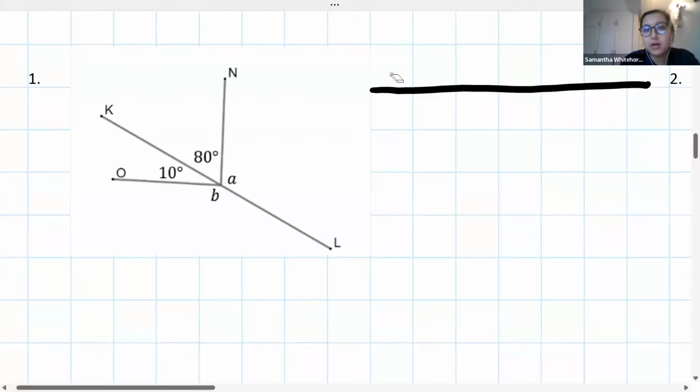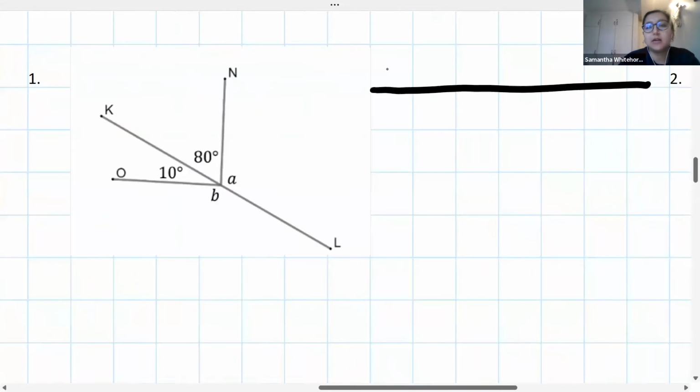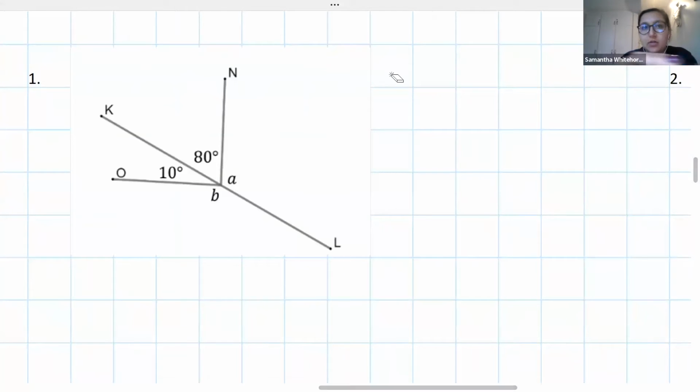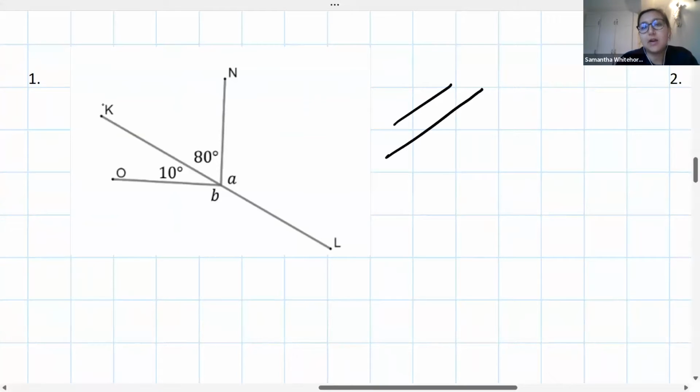If there's no parallel lines, start looking for angles around a point, angles on a straight line, vert opp angles. Remember, of course, parallel lines have the arrows on them. So if there's no arrows, you have no parallel lines.